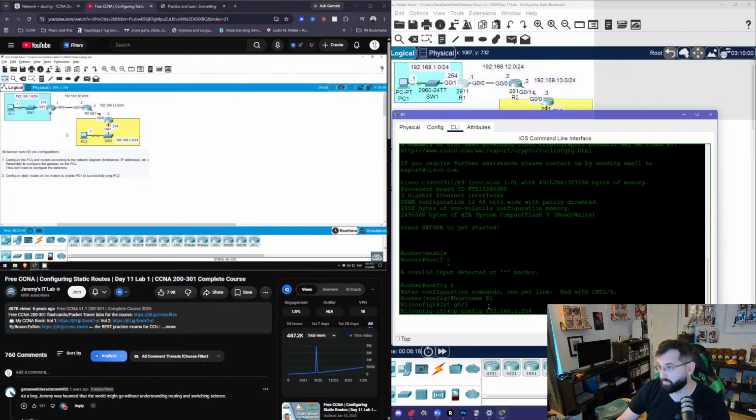And that means our subnet mask is going to be 255.255.255.0 because we have a /24. So 8 times 3 is 24. Right? I'm so bad with counting by 8s. Yes, it is.